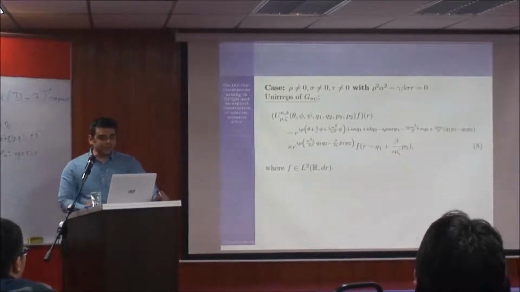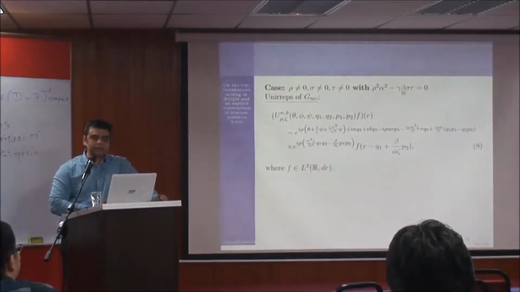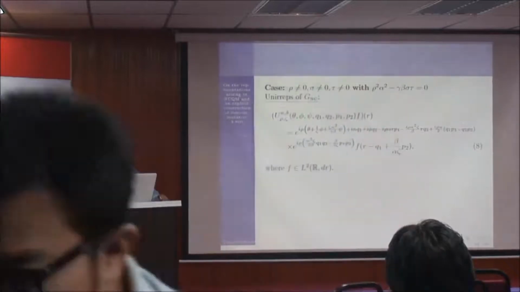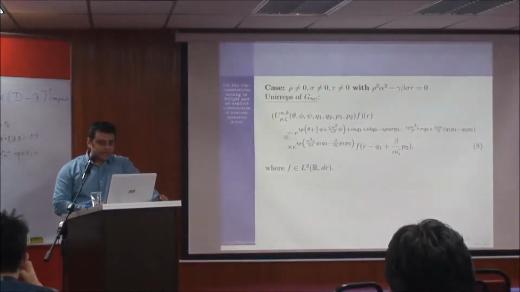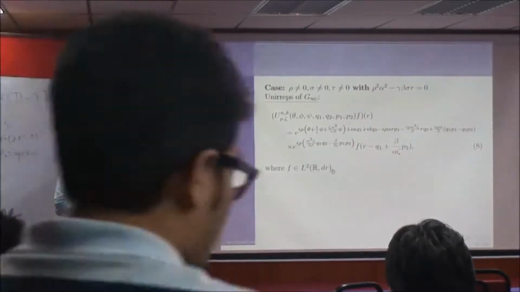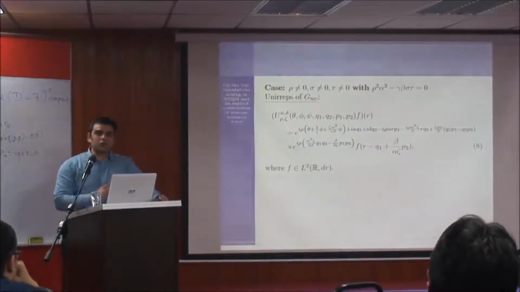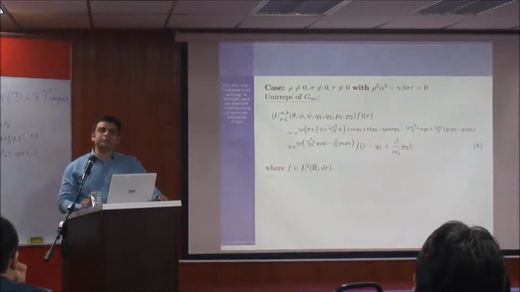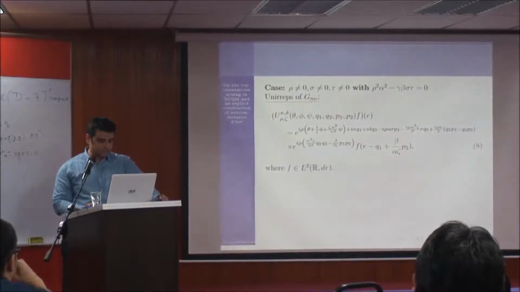Now the second class, with all three of them non-zero and lying on the surface. Here the unitary irreducible representation is defined like this, equation number 8, and the representation space is no longer L2 of R2, it's L2 of R. In order to compute this unitary irreducible representation, we had to choose a different polarizing subalgebra, which was not very easy to find.